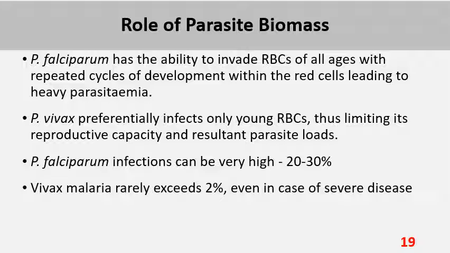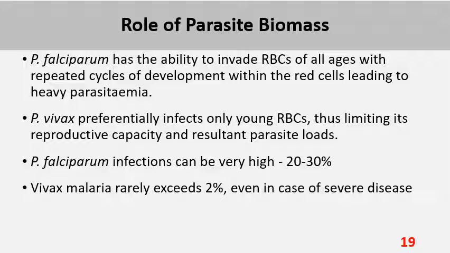The role of biomass in pathogenesis of severe malaria has been well highlighted in literature. P. falciparum is known to have ability to invade red cells of all ages, with repeated life cycle of development within the red cell leading to heavy parasitemia.